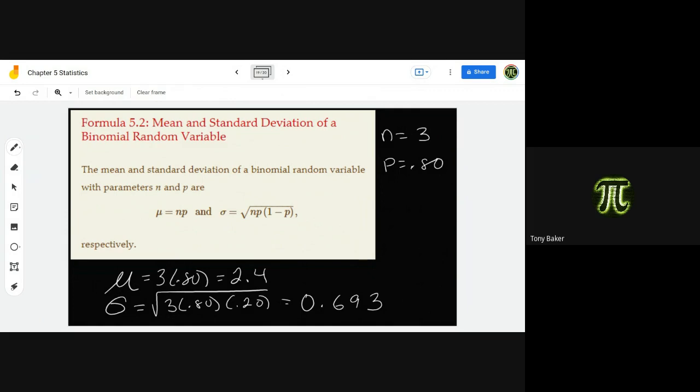And remember from our conversation in chapter 3, a few weeks ago, we were talking about mean and standard deviation. So my mean is 2.4, my standard deviation is 0.693. So if I go out 1 standard deviation, that means 67% of the people are going to fall into this, right?